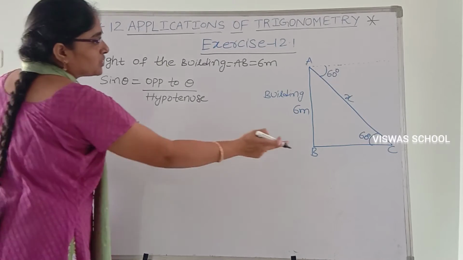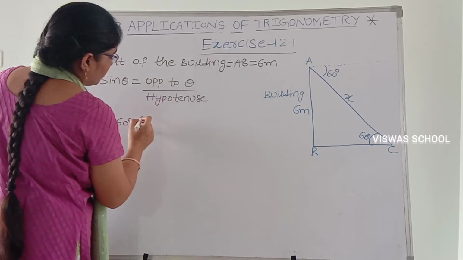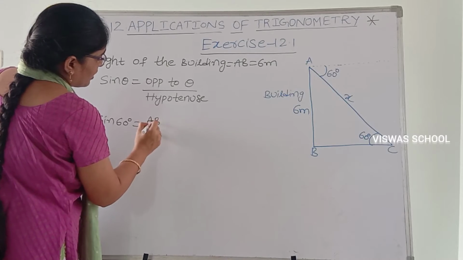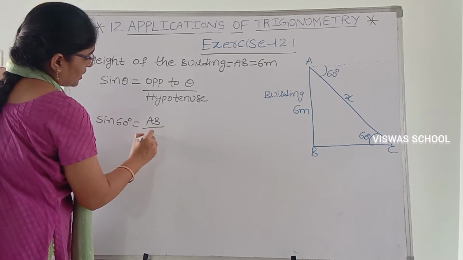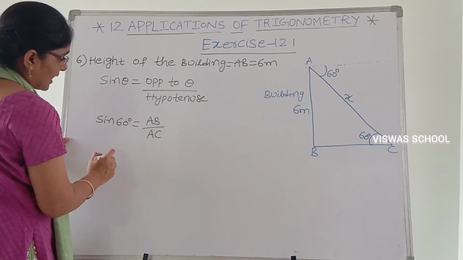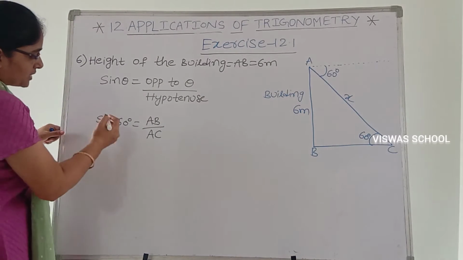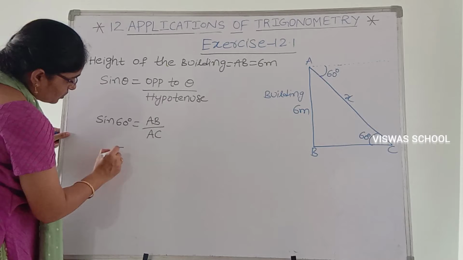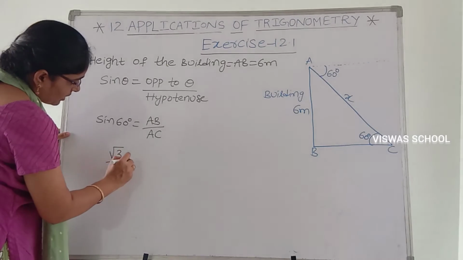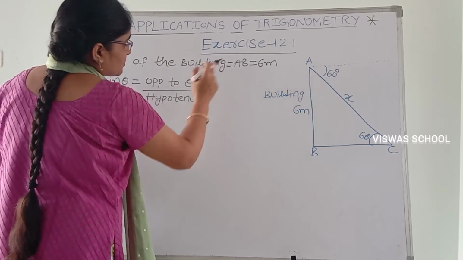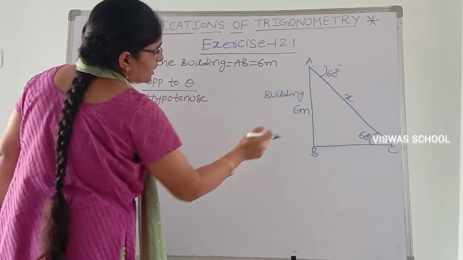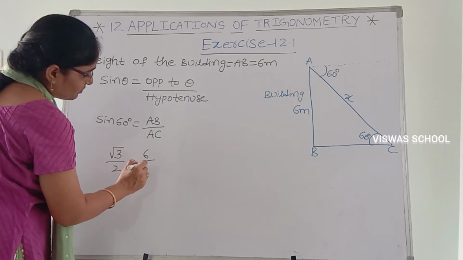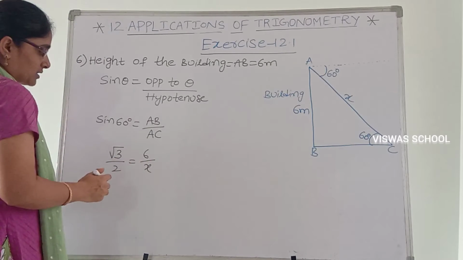Opposite to theta is AB and hypotenuse is AC. So sine 60 equals AB by AC. From the trigonometric values, sine 60 is root 3 by 2. AB is 6 meters and AC is X, the distance between you and the object.